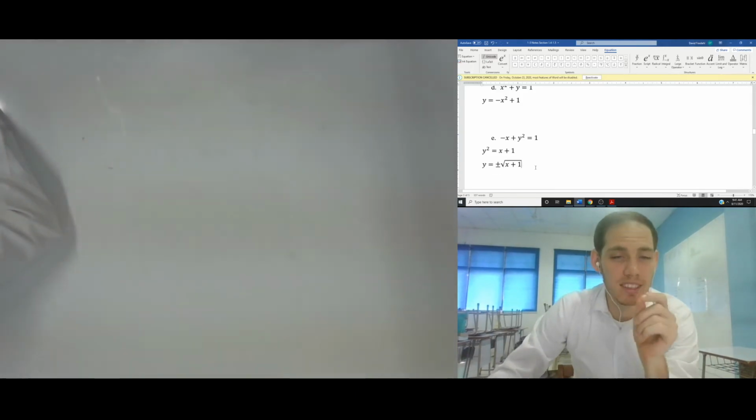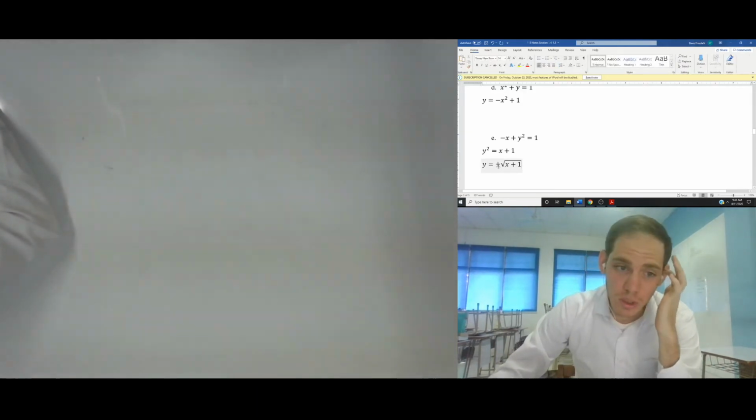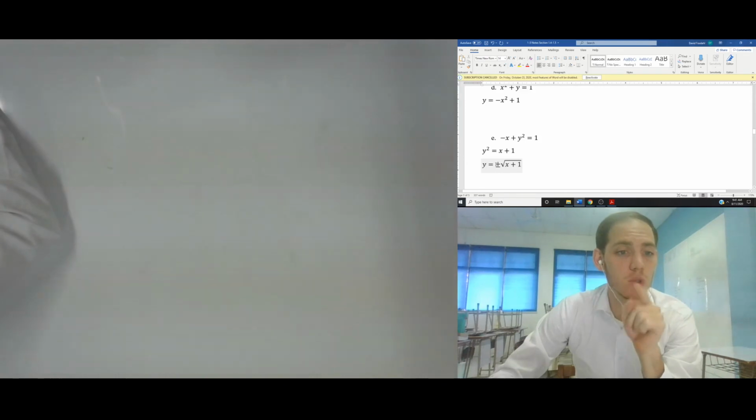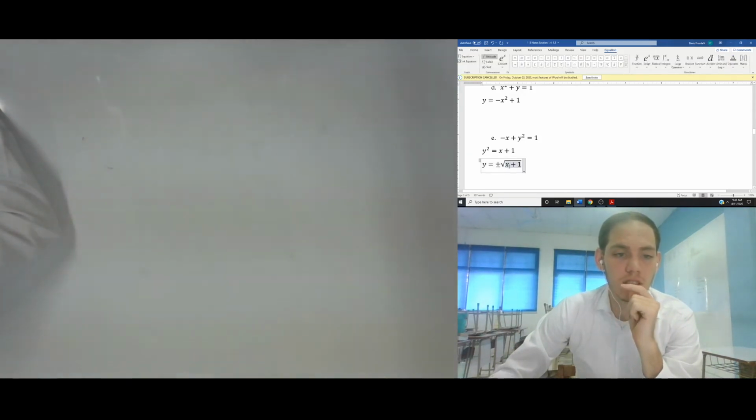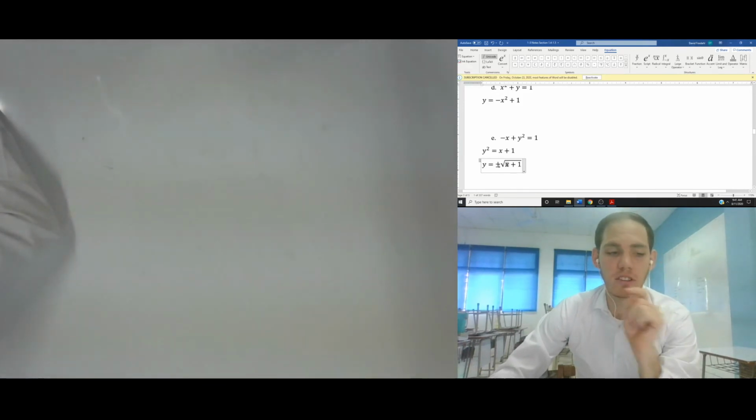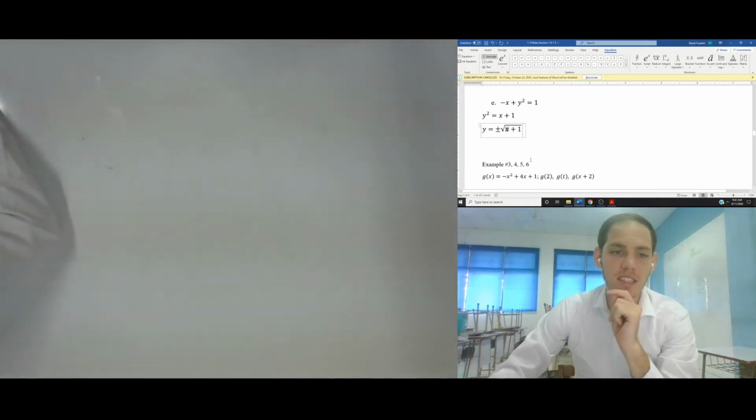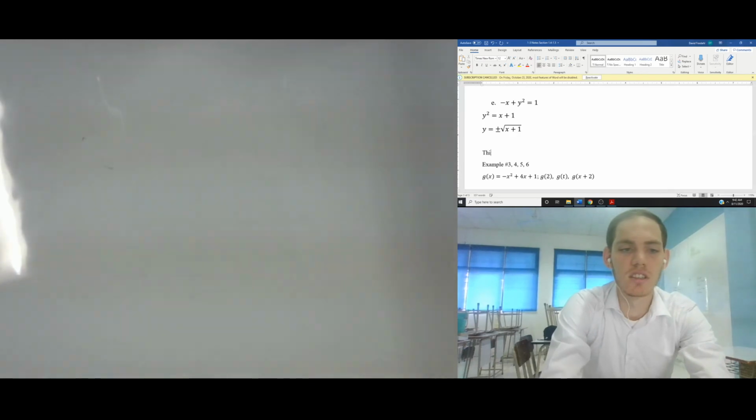Is an input going to correspond with two different outputs? Yes. So if I put a 0 here, that would be 1 plus or minus, so 0 is going to give us two different y values. Okay. So what we say here is this is not a function.